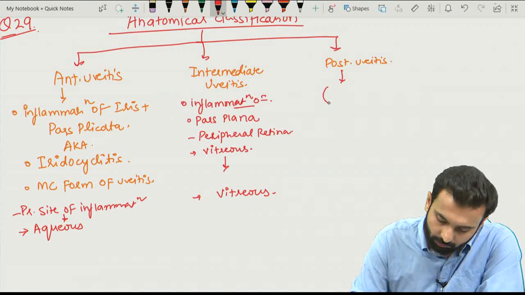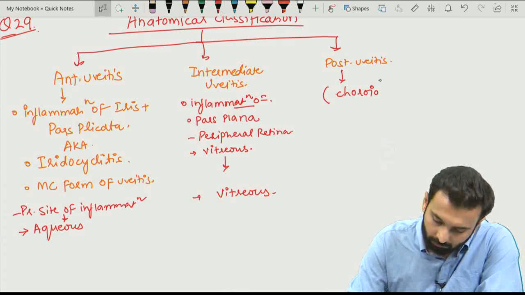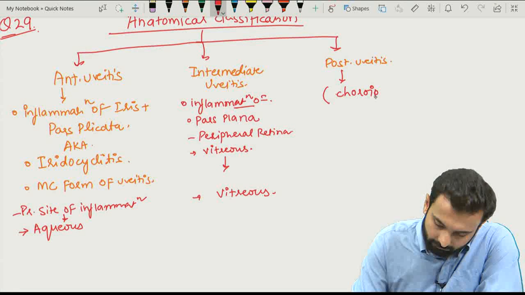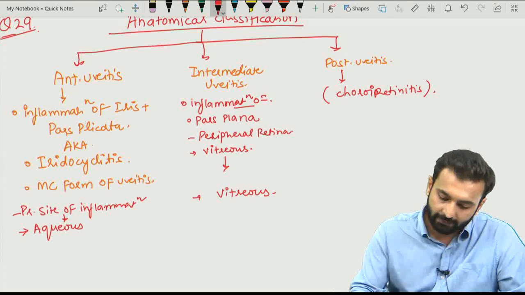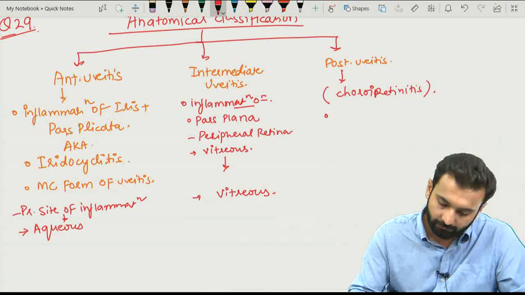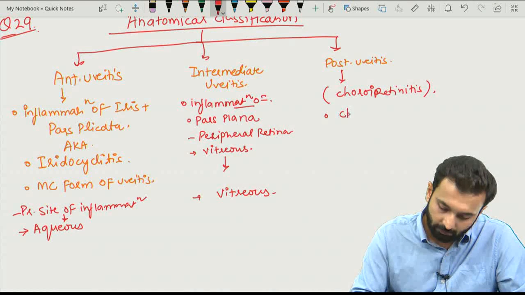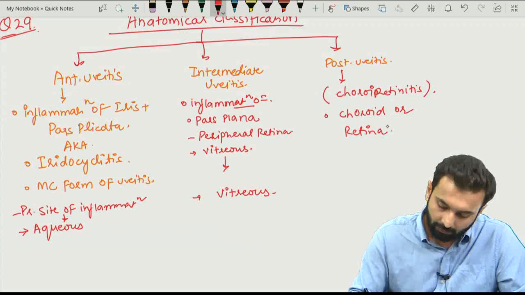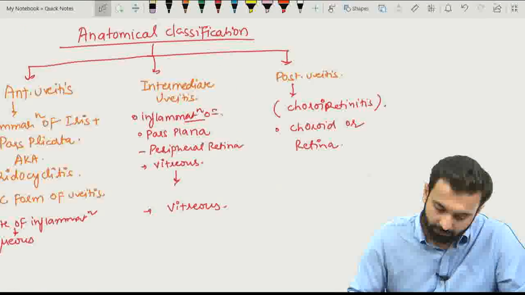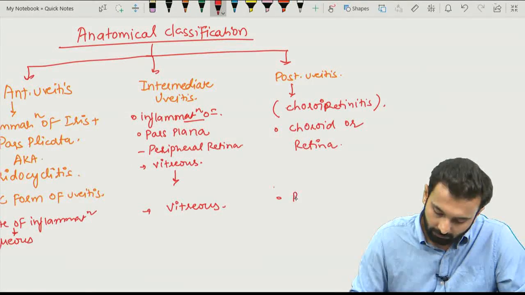Now coming to posterior uveitis. Posterior uveitis is also known as chorioretinitis. As the name suggests, it involves inflammation of choroid or retina. And the primary site of inflammation is again retina or choroid.